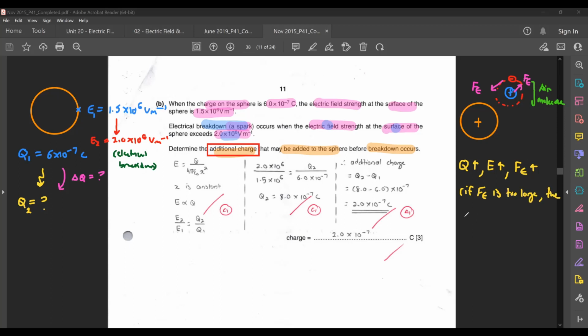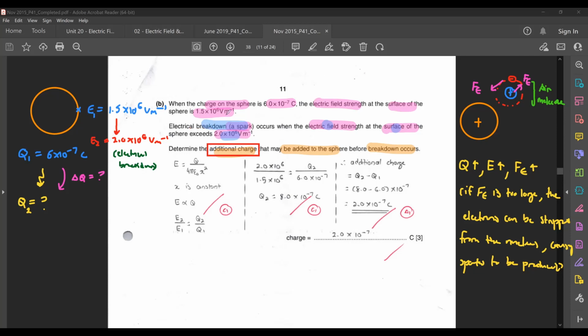the electrons can be stripped away from the nucleus, causing sparks to be produced. Okay, that is what we mean by the spark or electrical breakdown here.